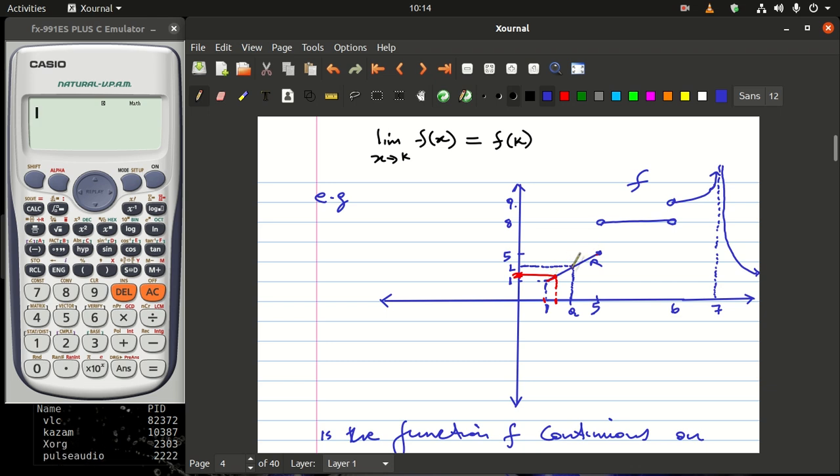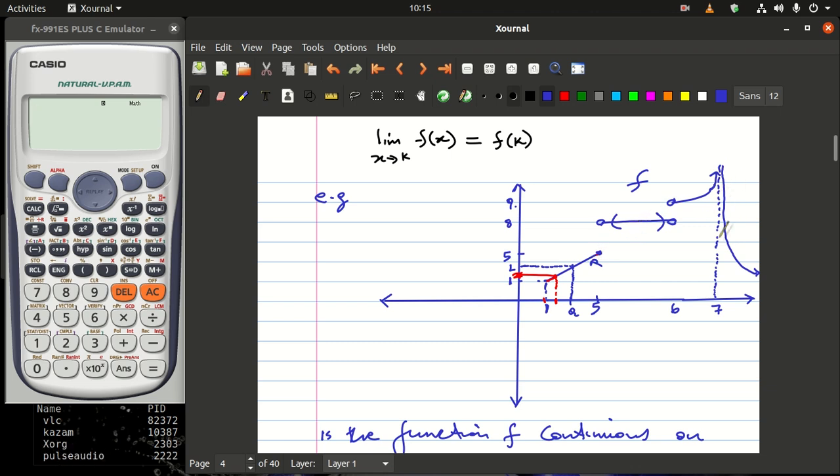So this function is continuous everywhere within this interval, and if I pick any interval in between these 2 points, then the function is going to be continuous everywhere.